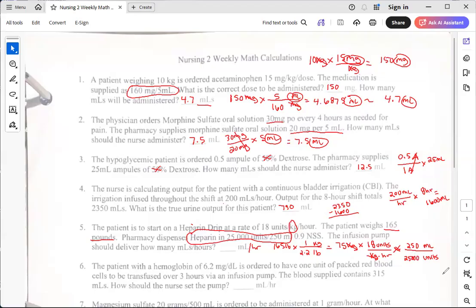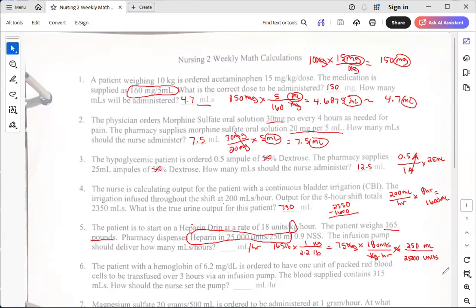And then with my calculator, I'm going to take 75 times 18 times 250, which is going to give me a big number, 337,500. And then I'm going to divide that by the 25,000 units. Now, I will say, be careful when you're putting in numbers like 25,000.